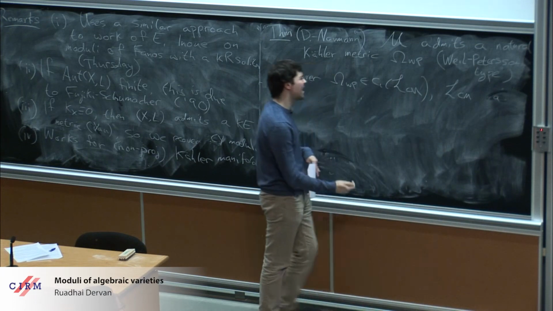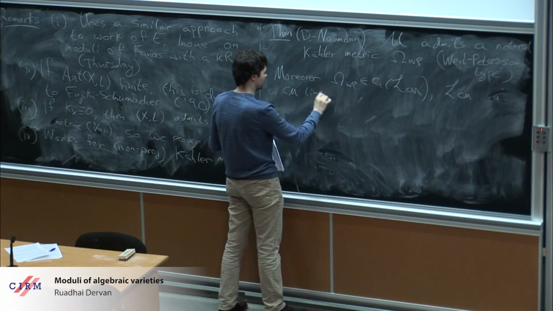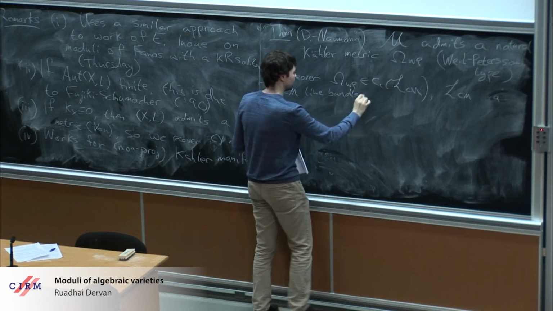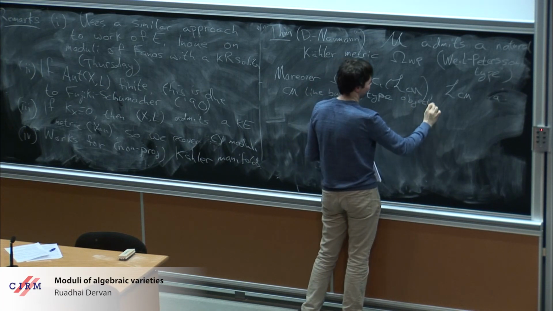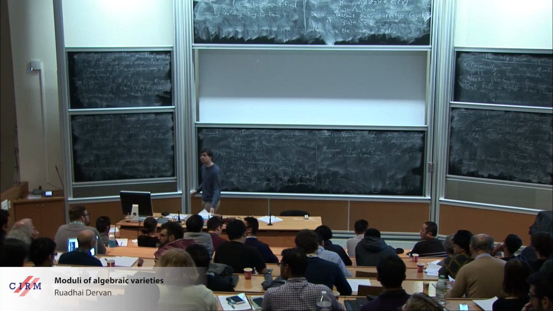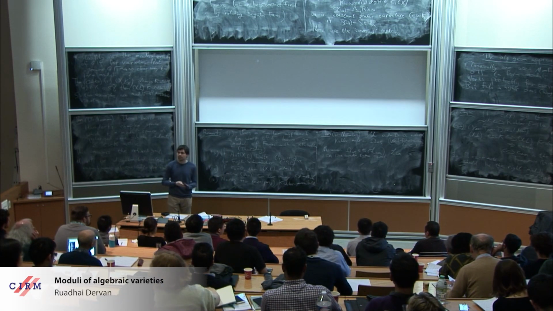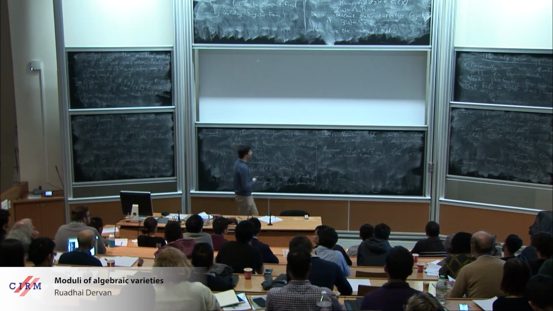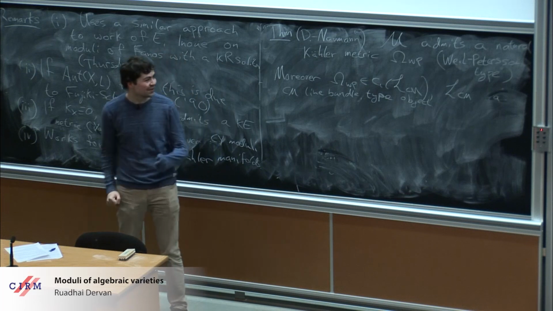So this is a CM line bundle type construction. So this Kähler metric has continuous potentials, which was my promised mildly singular Kähler metric.